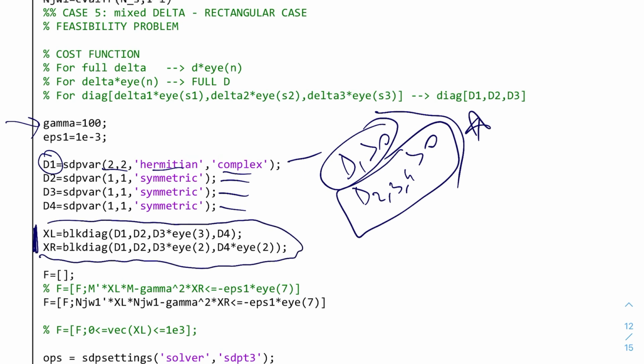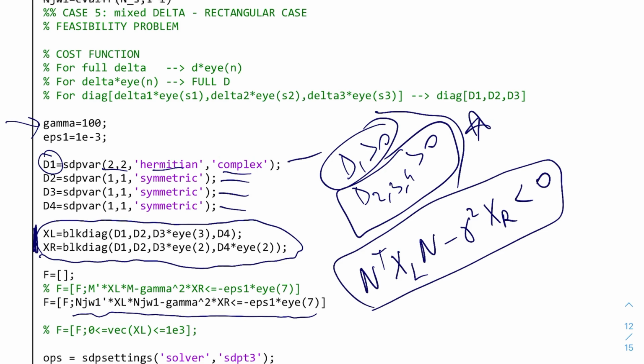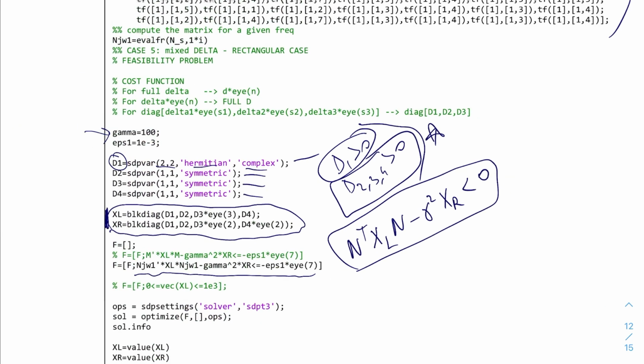We talked about that, XL and XR. We just constructed XL and XR, and then we just wrote this. Let's look at the structure: N transpose XL N minus gamma square XR less than 0.